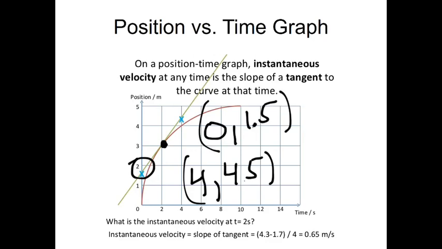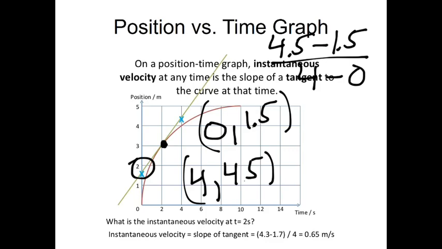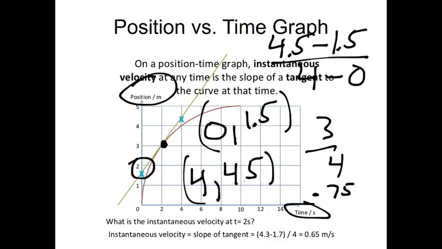So to calculate slope, change in y, we'll go 4.5 minus 1.5 over change in x, which will be 4 minus 0. So on top we get 3, on bottom we get 4. So our slope is 0.75. Here we're in meters, here we're in seconds. We're dividing y by x, so 0.75 meters per second.